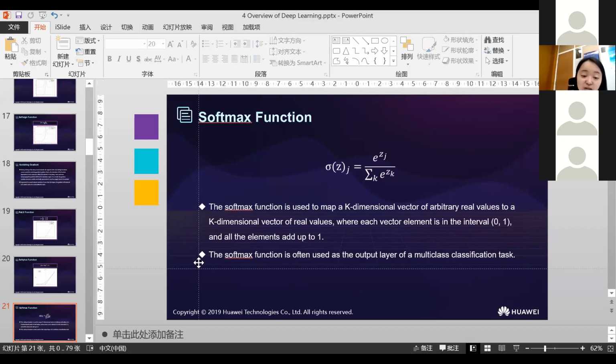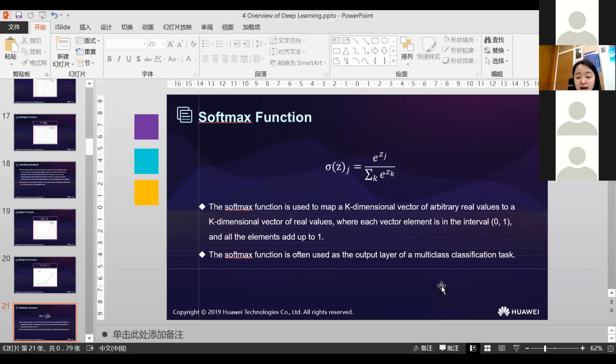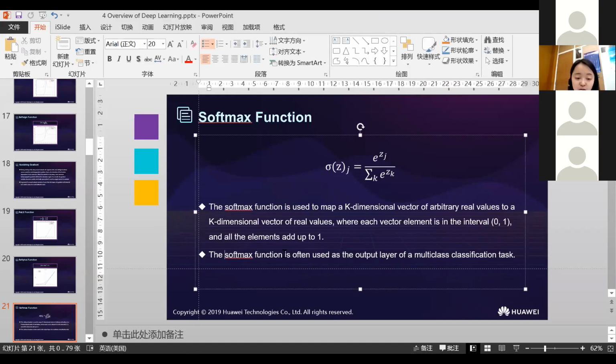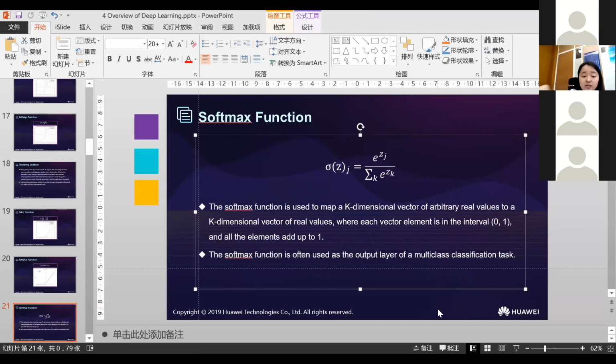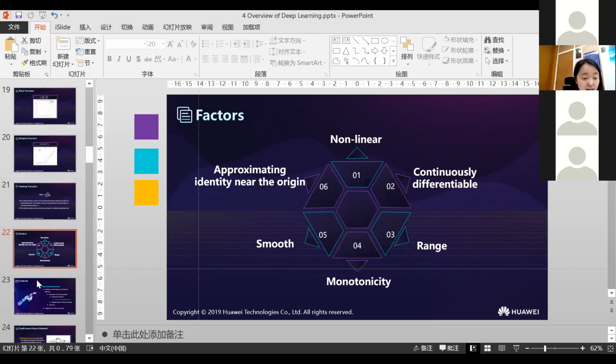So usually the softmax function is used at the output layer of a multi-class classification problem, just like the example we've given. So that is all the activation functions.